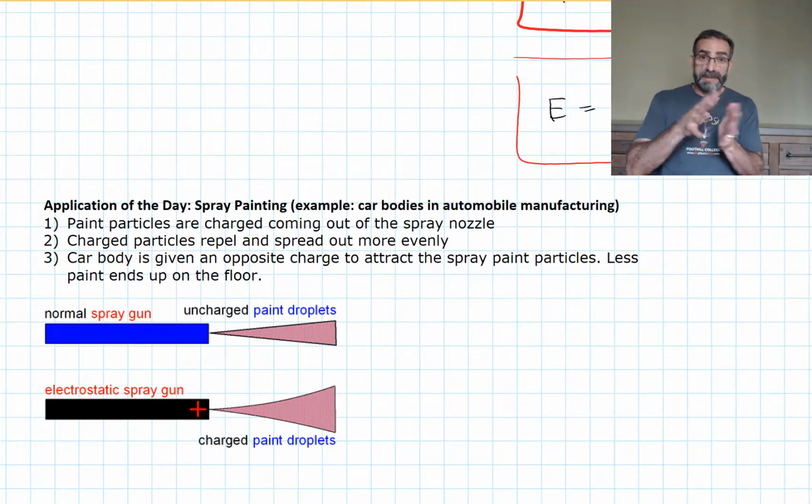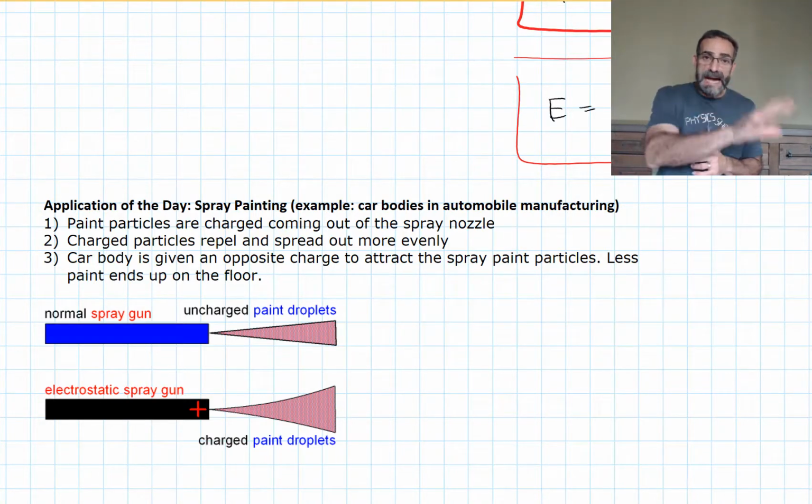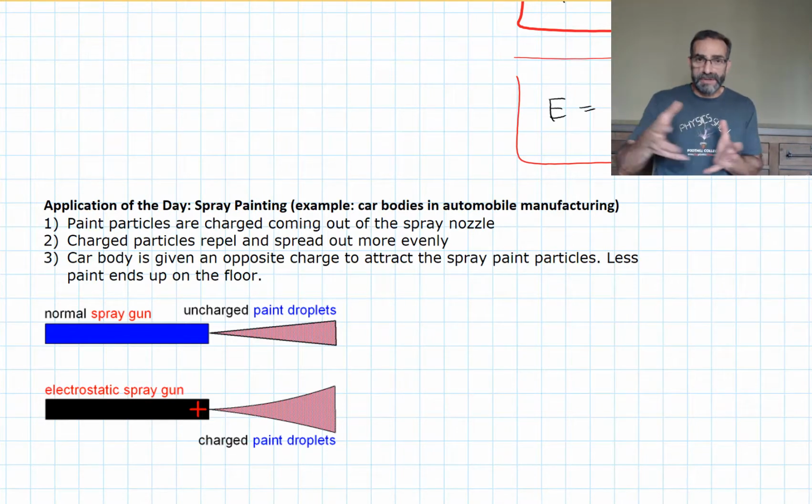Like charges repel each other, so the paint spreads out more uniformly. And you put the opposite charge on the car body. So those paint particles are attracted to the car body. Less paint ends up on the floor, more on the car. It spreads out more evenly. It's a much more effective process and a clever application for electrostatics.